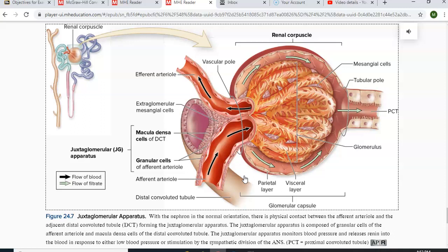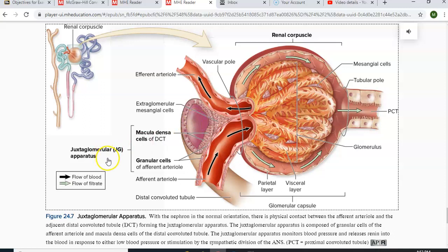But whenever the distal convoluted tubule is twisting, heading towards our collecting tubule, it will pass right by the renal corpuscle, specifically the afferent and efferent arteriole. So this little guy here is the distal convoluted tubule, and then it's turning towards us now, and we cut it in half. So this is the wall of the distal convoluted tubule, and that's the lumen in there.